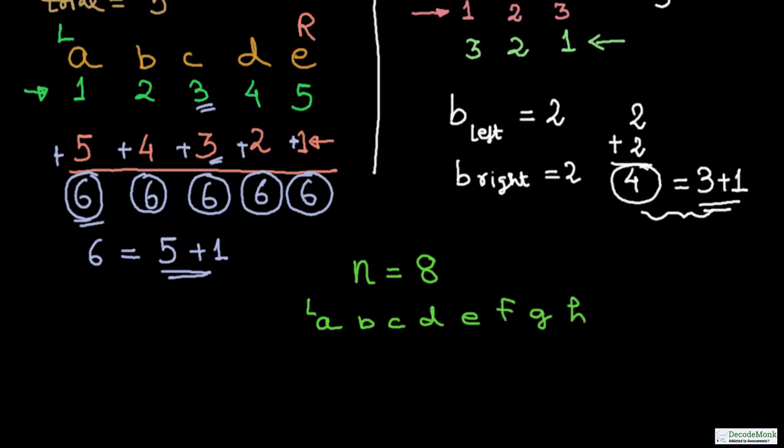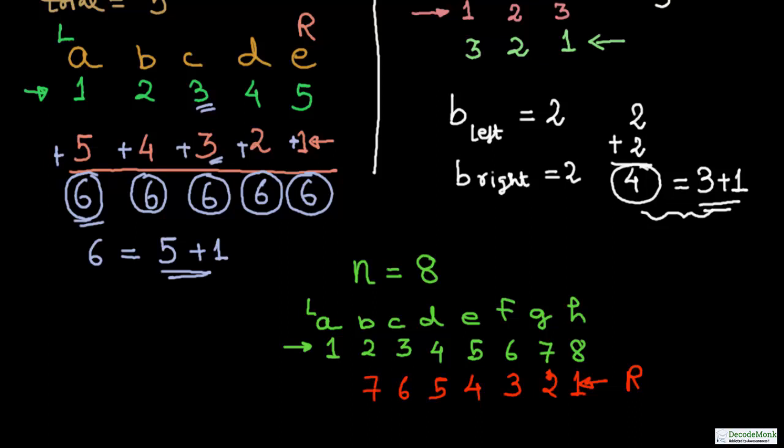Now if we count from left end, A is 1, B is 2, C is the third person, D is fourth, E is fifth, F is sixth, G is seventh, H is eighth person. Now counting from right end, H is first, second, third, fourth, fifth, sixth, seventh, eighth. Now let us add the respective positions of each of the persons.